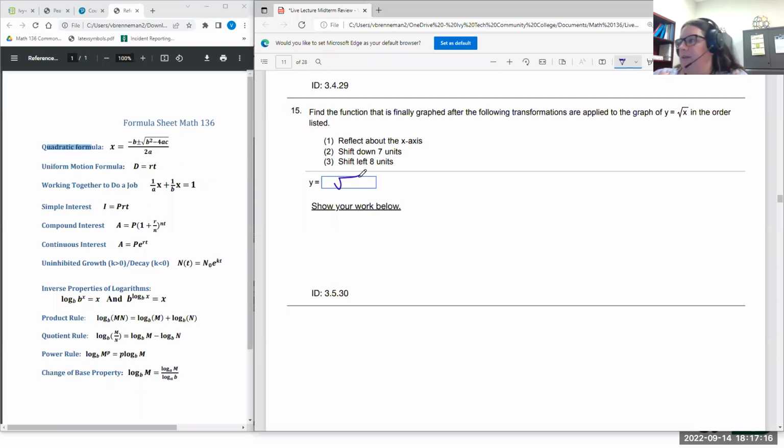Okay, so when you have something like this where you're given the transformations, you want to make sure and do them in order. The kind of thing to note is that vertical changes apply to the entire previous step.